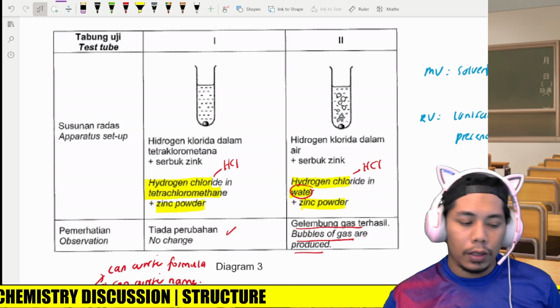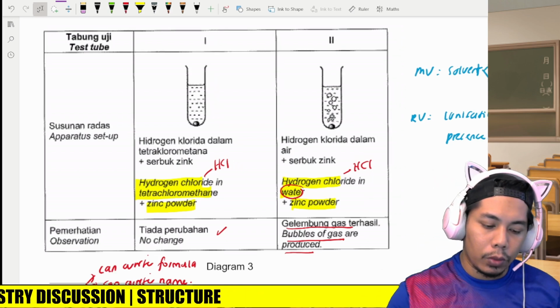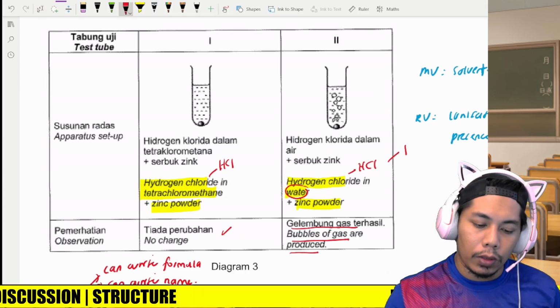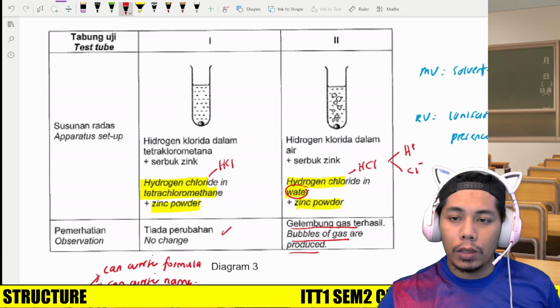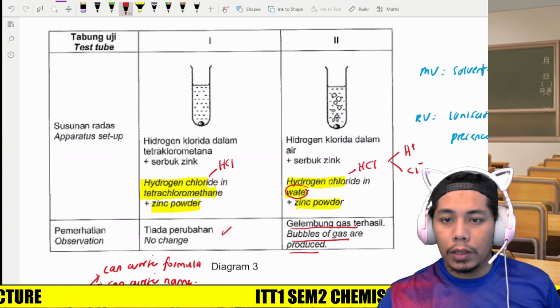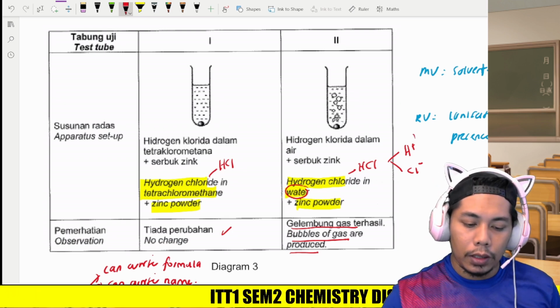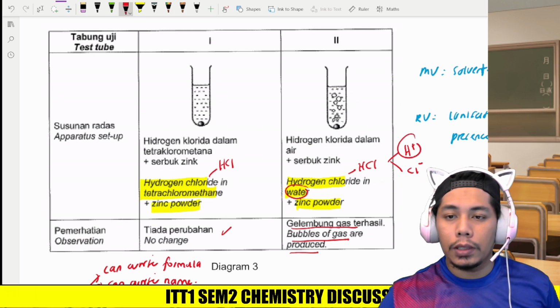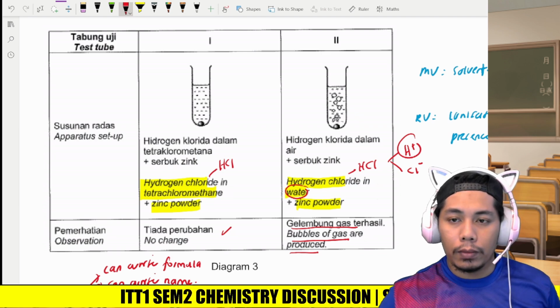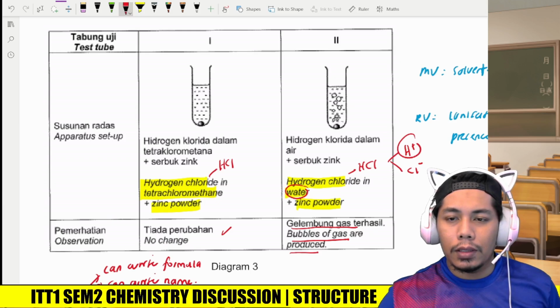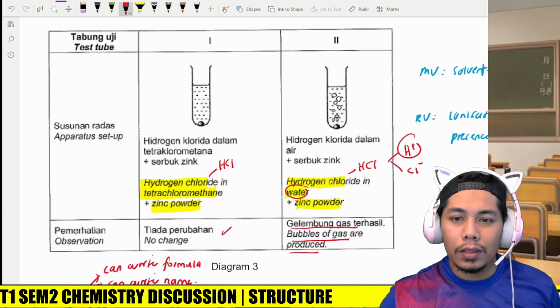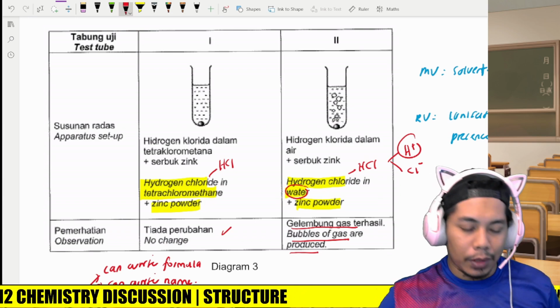So sekarang tak ada hydrogen ion, tapi set 2 dia ada water. Bila water, dia boleh ionize kepada H+ and Cl- ion ataupun hydrogen ion and chloride ion. Yang react dengan acid ni adalah H+ ni sebenarnya yang react, bukannya chloride. Chloride tu dia berawang-awangan je lah kat dalam electrolyte tu.